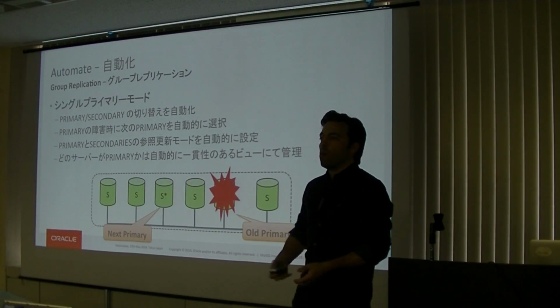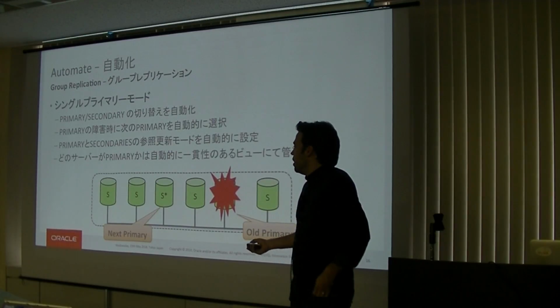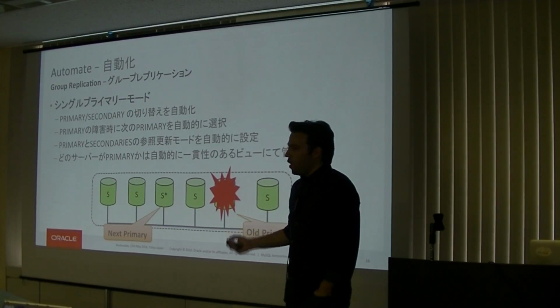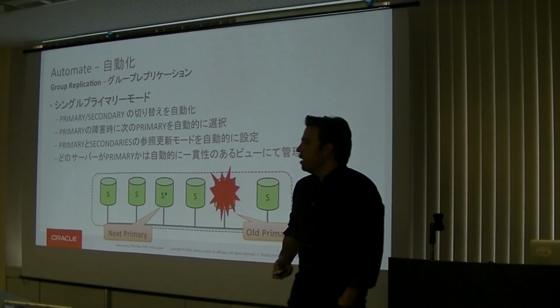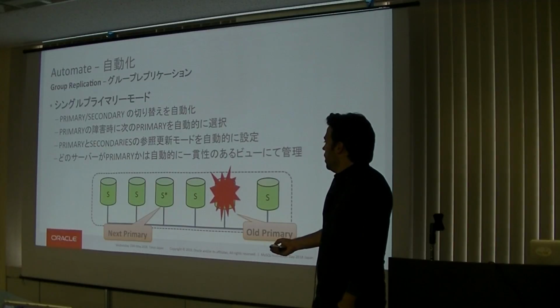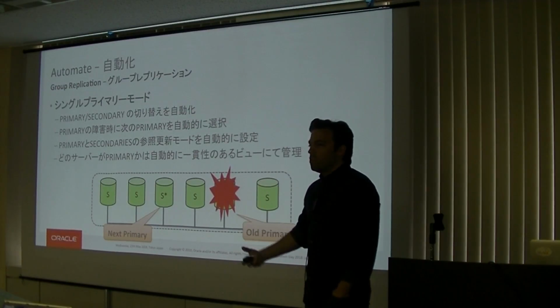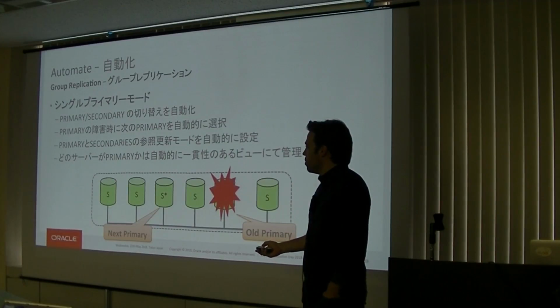And once you get the quorum, the group will be able to automatically react and fix things that are going on. So a lot of this automation is built in. It's possible because of this framework of group replication.